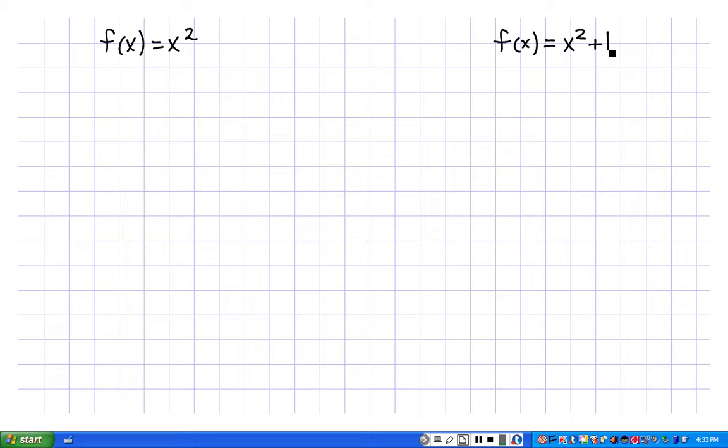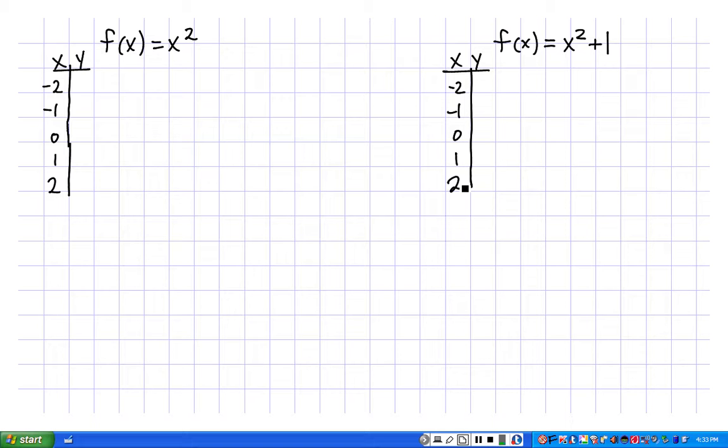If we were making a table of values, x and y, let's say we have -2, -1, 0, 1, 2, and we'll do the same thing here. x and y, or by y I mean f of x, of course.